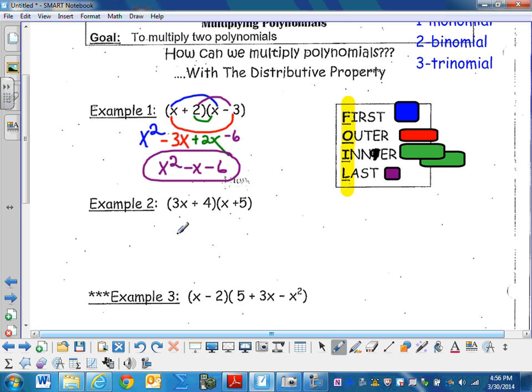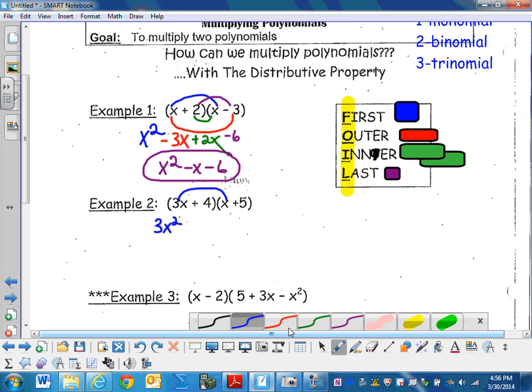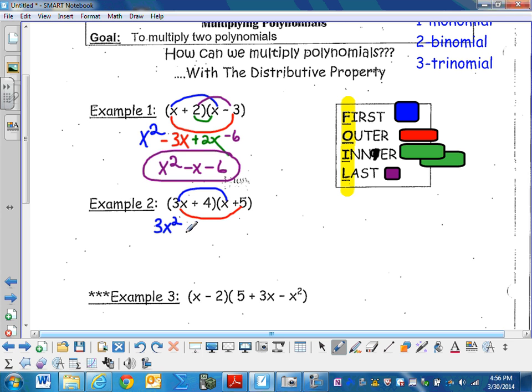Example 2, 3x plus 4 times x plus 5. Let's use our FOIL method. The first term of each, 3x times x is 3x squared. The outer term, 3x and 5. So 3x times 5 is 15x.